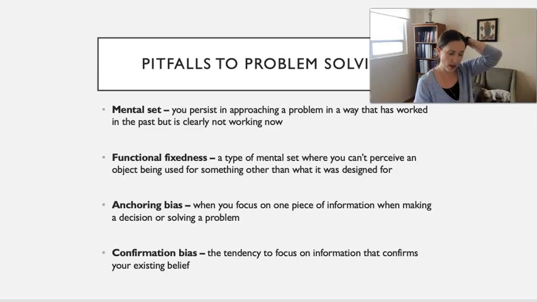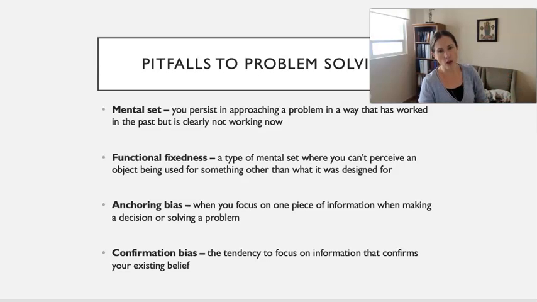An example of a mental set is when you're trying to open your dorm room and you're trying to get your key to work, but it's not working. But every other time you've done it, you've put the key in and turned and it's worked. So you just keep trying the same thing over and over. You need to step back, you need to reevaluate, because this method is not going to work this time.